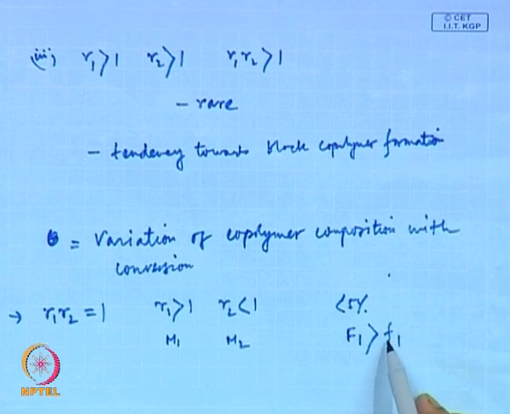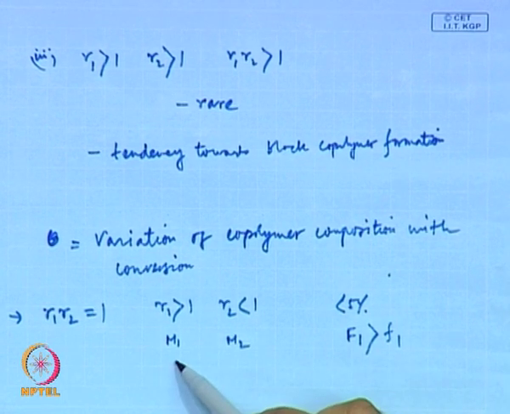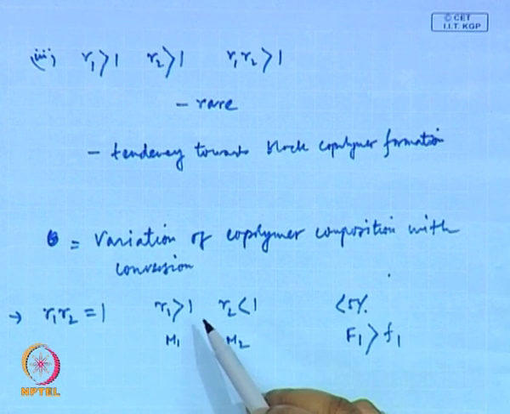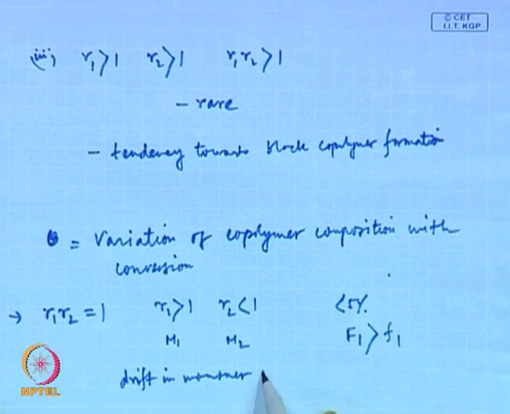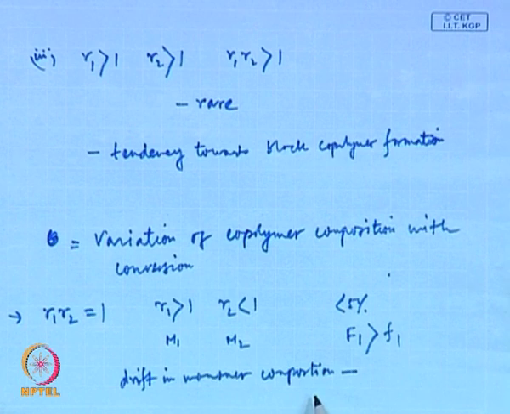So, as a result, what will happen with time, with conversion, is that the monomer composition will have less and less M1, because M1 is getting incorporated in the chain at a faster rate. So, you will have a drift in monomer composition with time, and as a result you will get a drift in the copolymer composition as well.